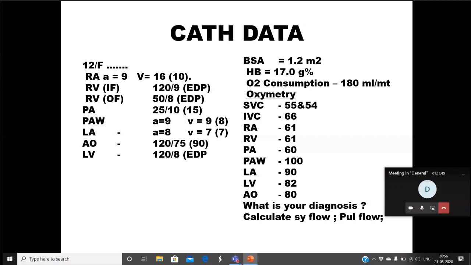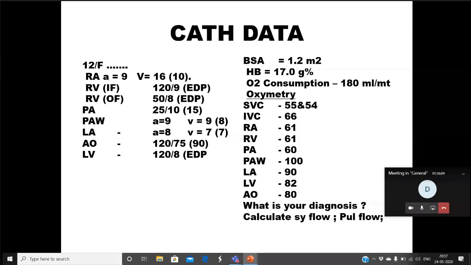SVC is 55 and 54. IVC is 66. That is more in IVC, the oxygen. The oxygen saturation in IVC is comparatively significantly higher than SVC. Normally it is definitely higher. Why is the IVC oxygen saturation higher?